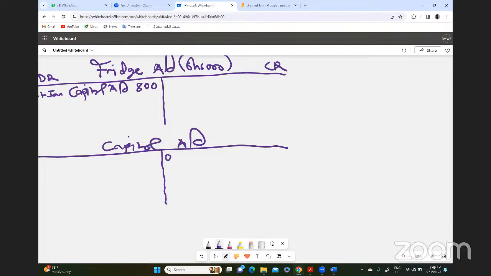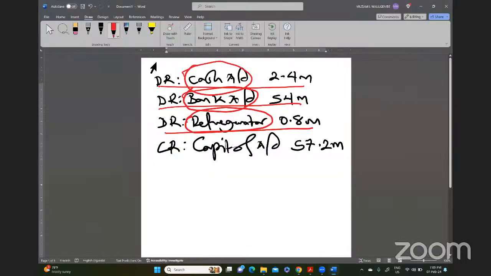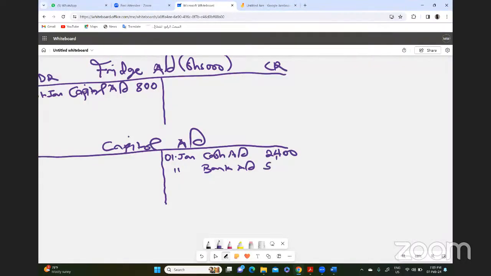So meaning on 1st of Jan, we are having cash account, and that is 2,400, not so? Then on the same date, we are having the bank account. That was 54.